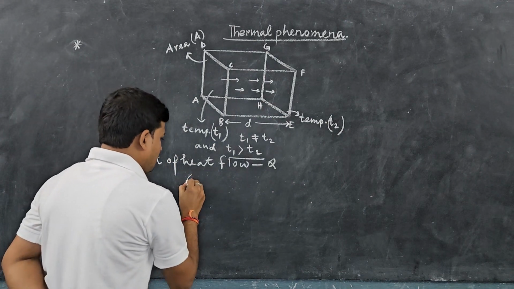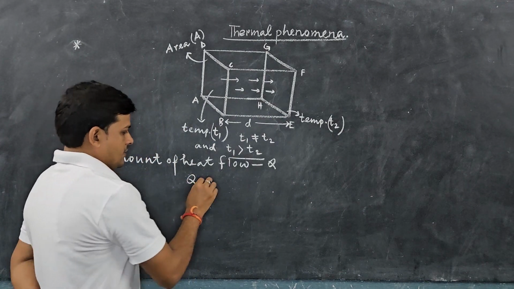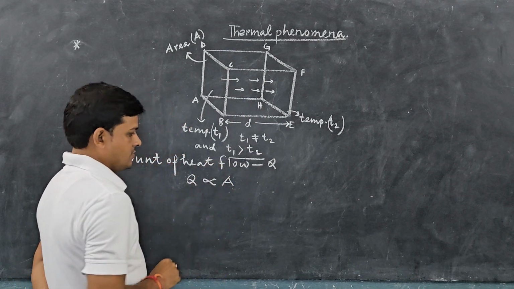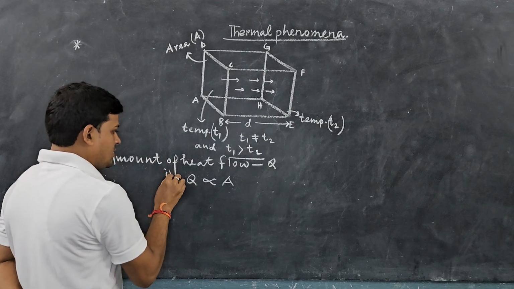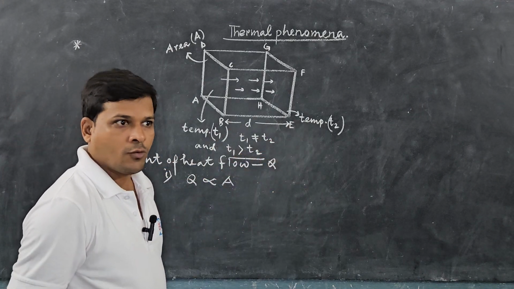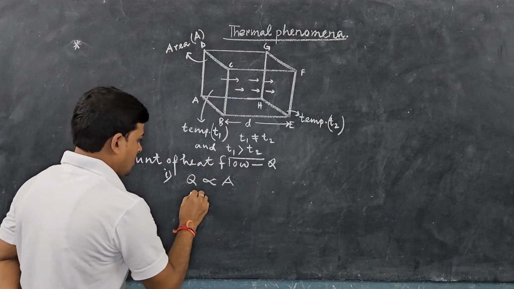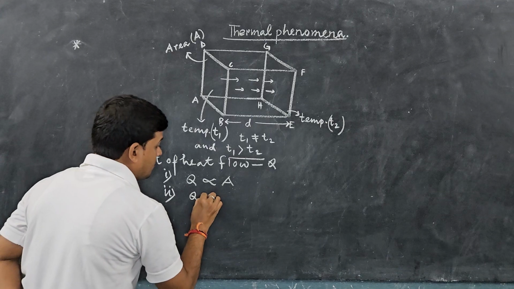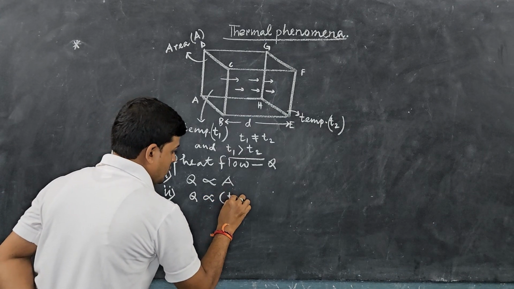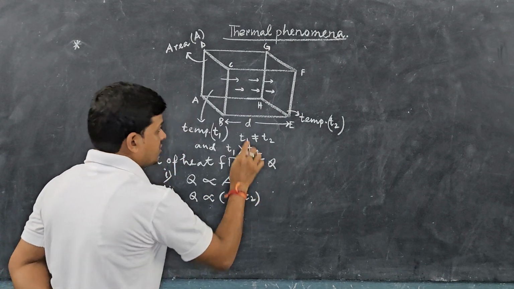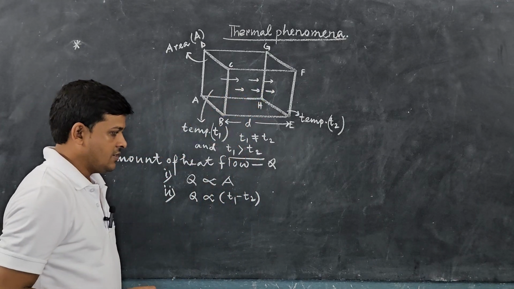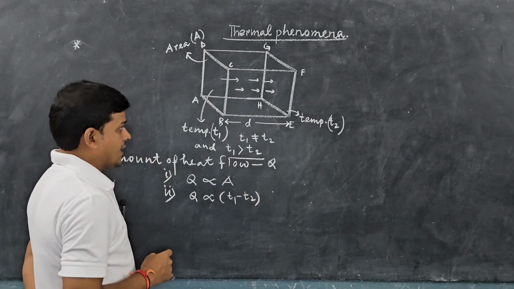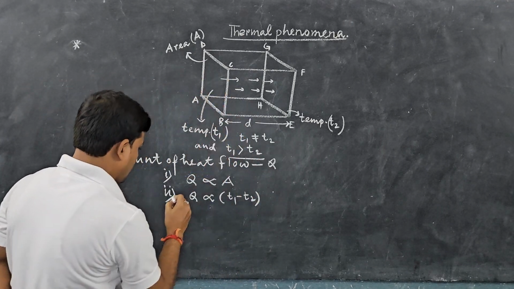This heat flow Q is directly proportional to the surface area. When the surface area increases, the amount of heat flow from one surface to another also increases. This Q also increases if the temperature difference increases, that is T1 minus T2. When the temperature difference rises between the two surfaces, more heat will flow from ABCD to EFGH.